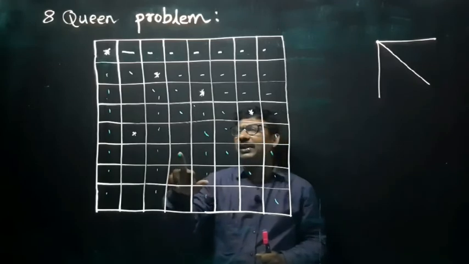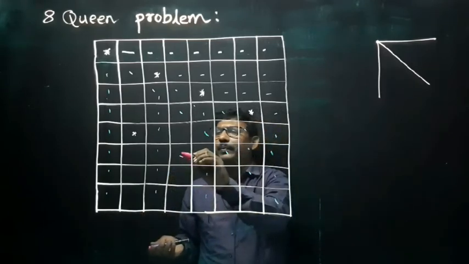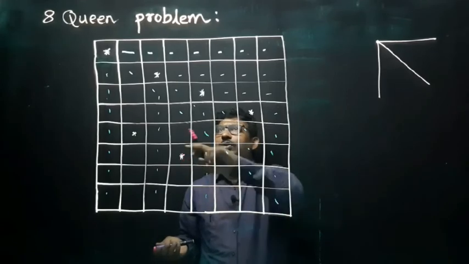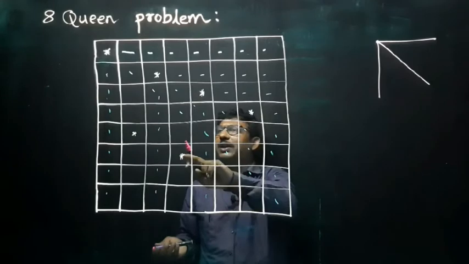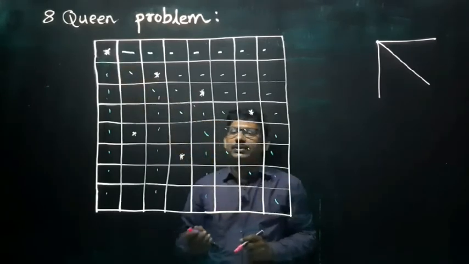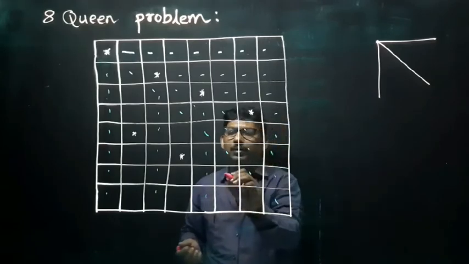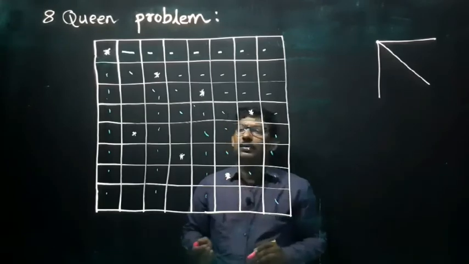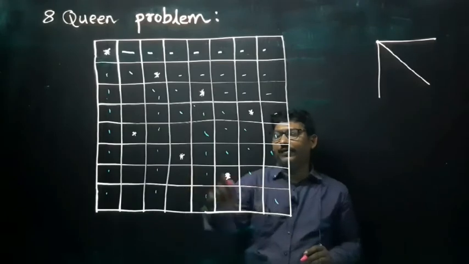Next position, we can keep the queen here. So this total line is clear, this is clear, here it's safe, and here it's safe. Next, here you can keep the queen, okay, here it's safe, here it's safe.